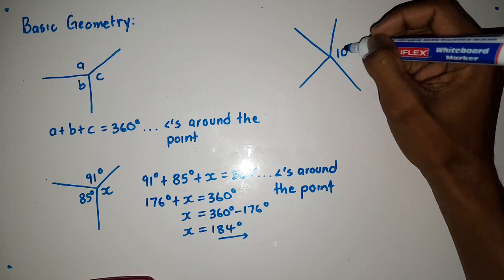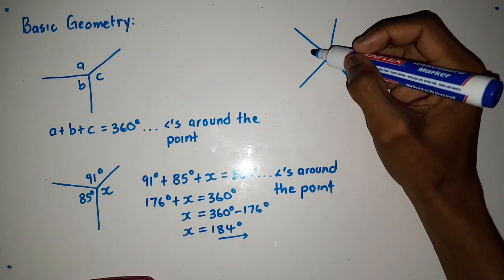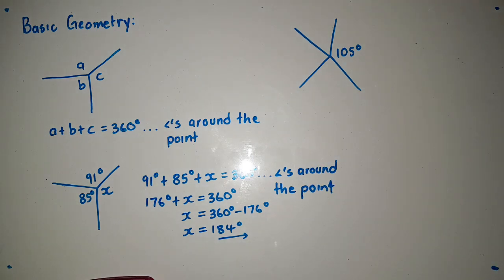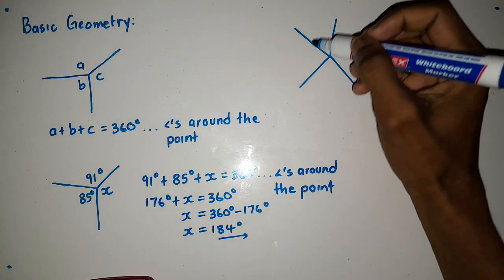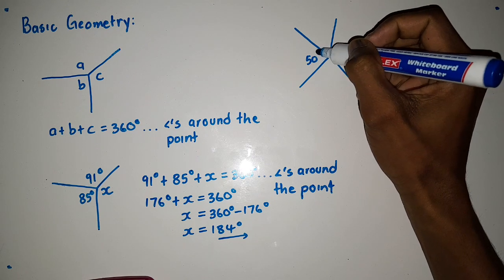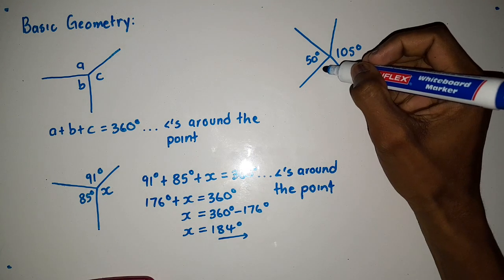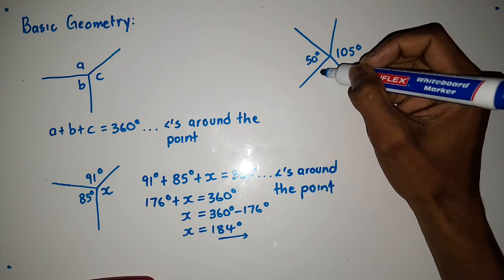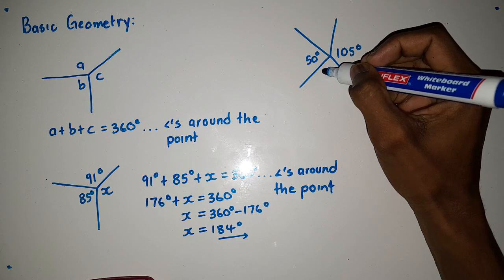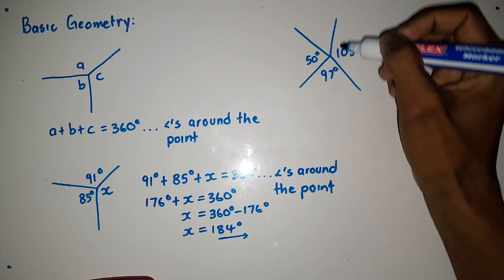Let's say we have 105, somewhere we have 50 degrees, and somewhere here we have 97 degrees.